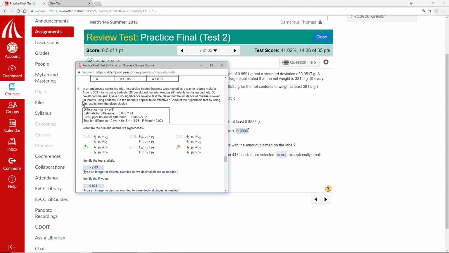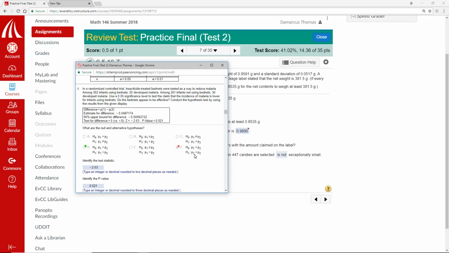yeah. So for number four, that was just a fluke. It was misinterpreted which one. They should have told us which one was the first population, because I chose the first one using bed nets as my first population.